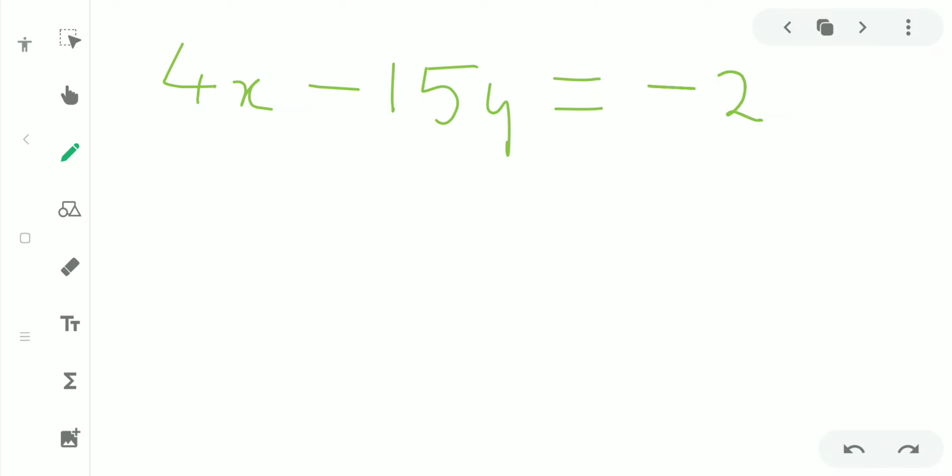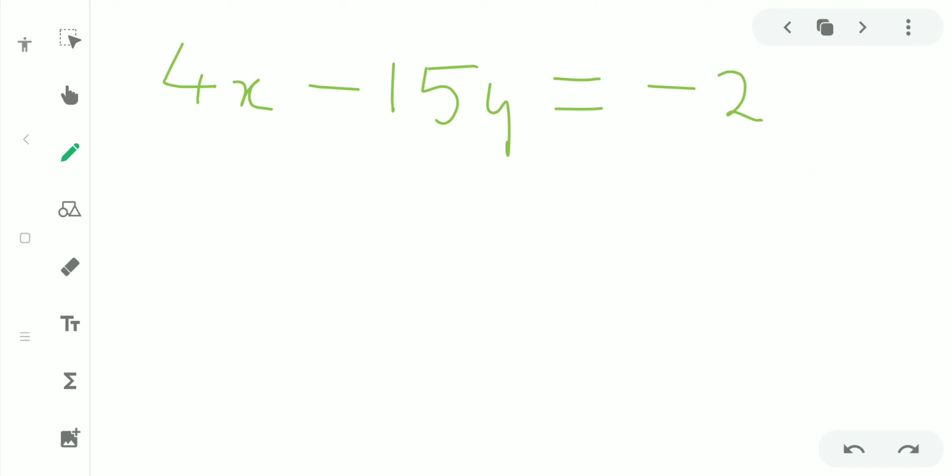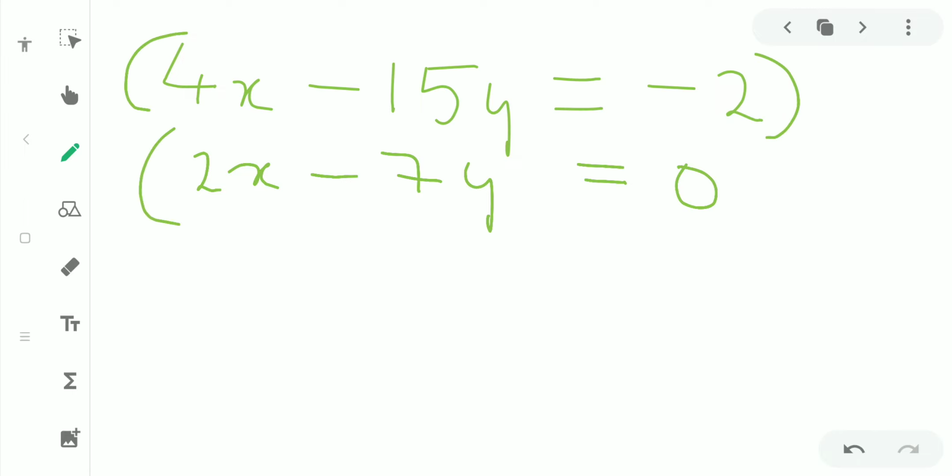So now let's solve it by equation 1. Nothing but 2x minus 7y is equal to 0. Let's solve by elimination by equating coefficients method.